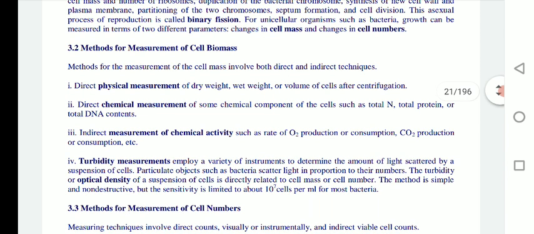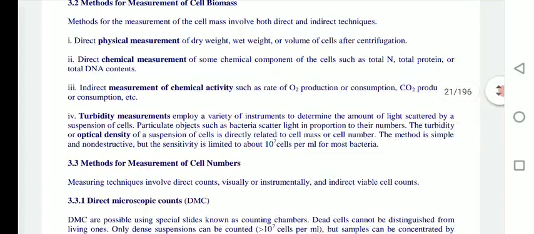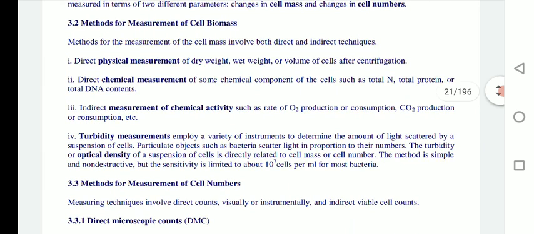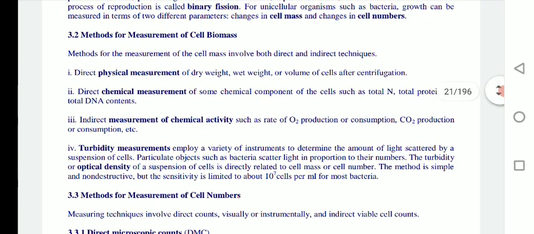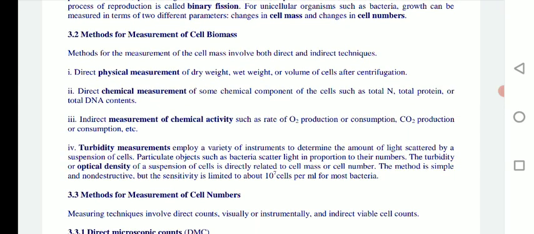Then you can estimate growth by chemical measurement of compounds like total nitrogen, total protein or total DNA. Then you can measure chemical activity. Then simply by measuring turbidity you can again observe growth. We're not going to see this topic in much more detail.